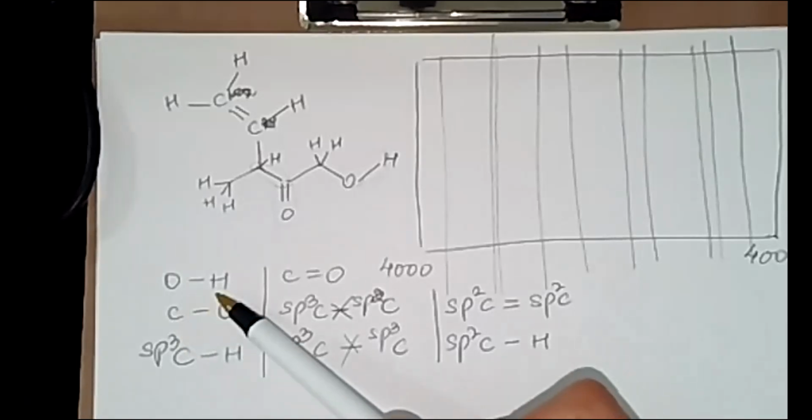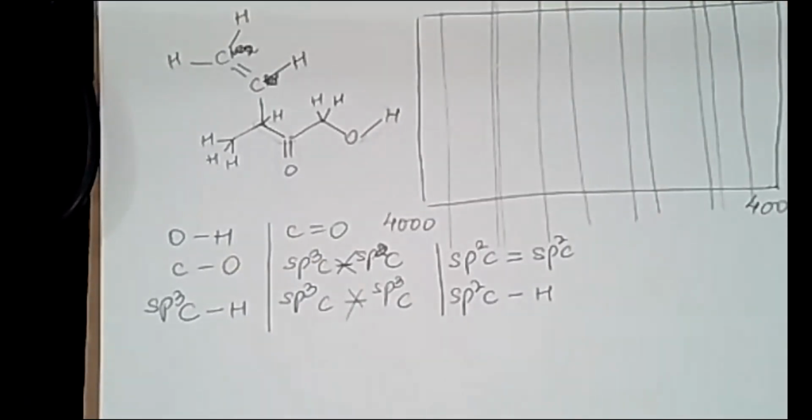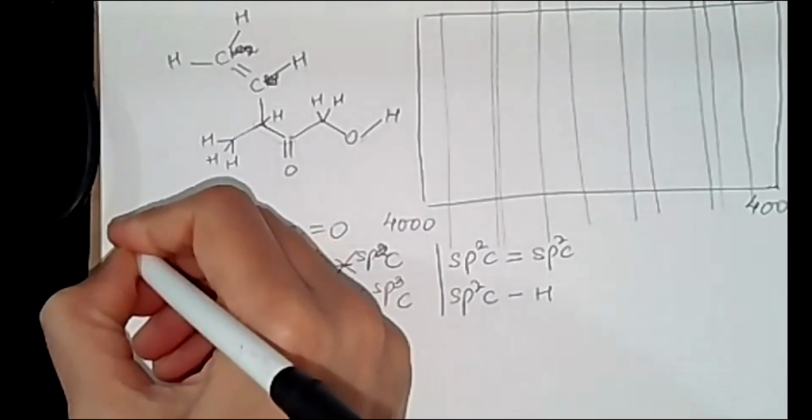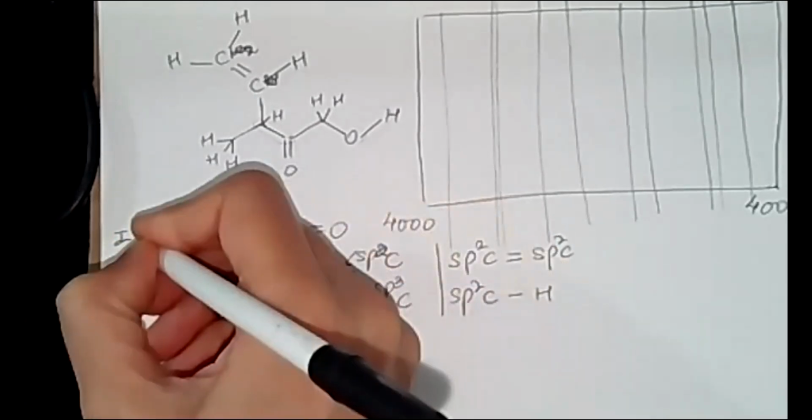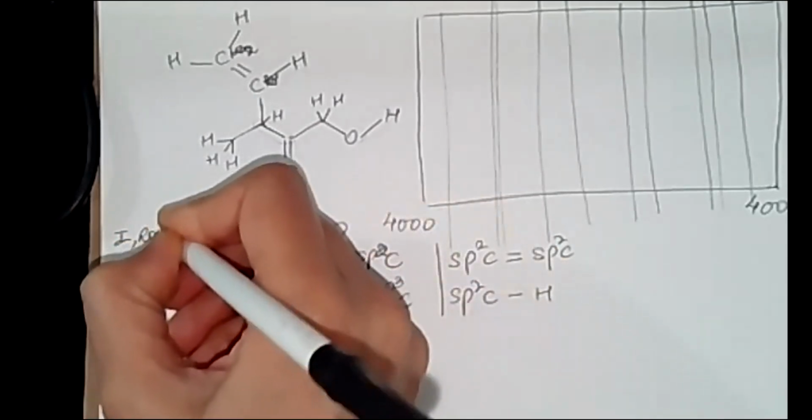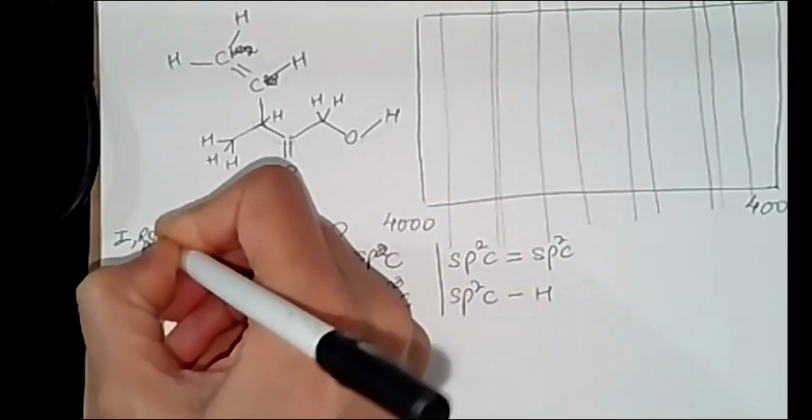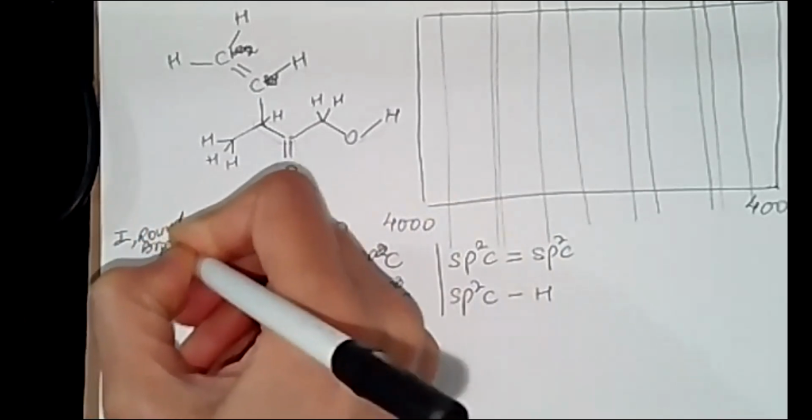In my list, I will go ahead and record this information. OH is in region 1 and it is a round, broad peak.